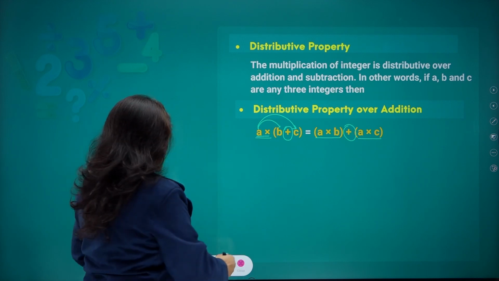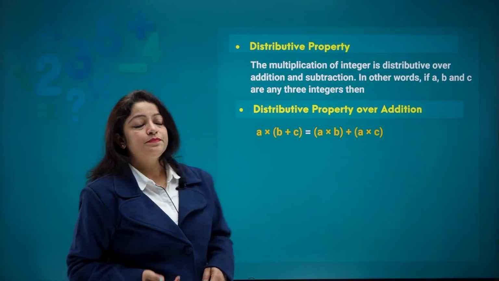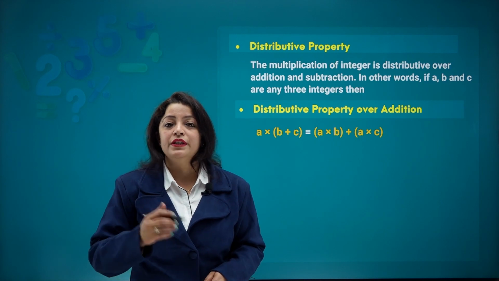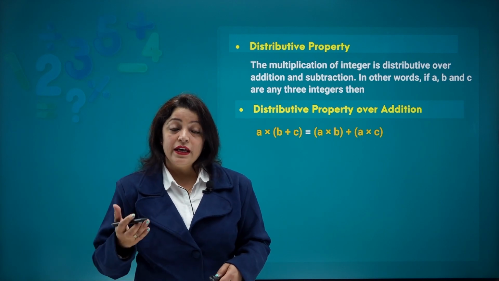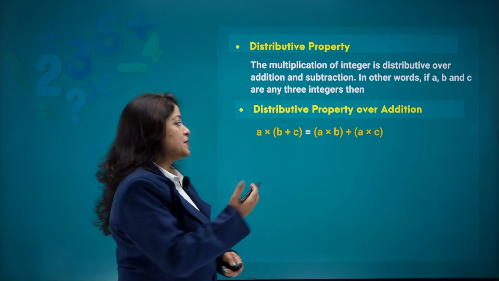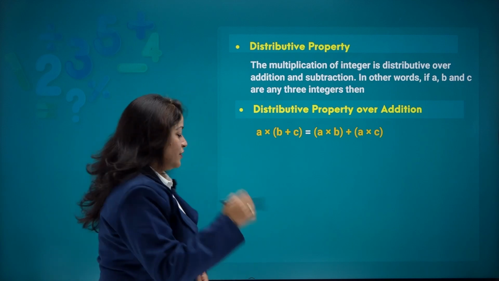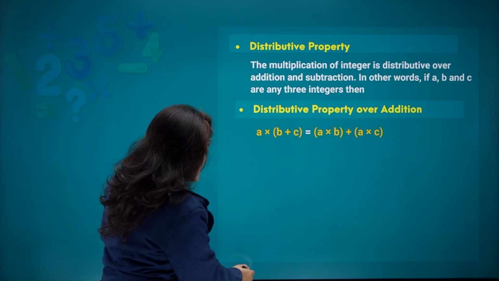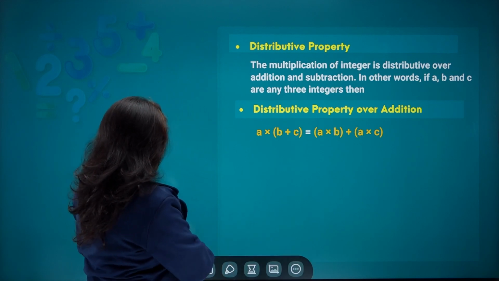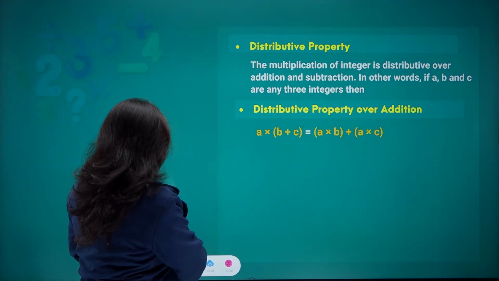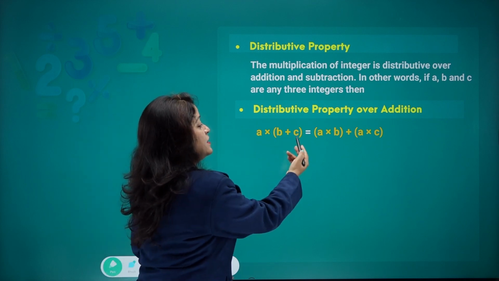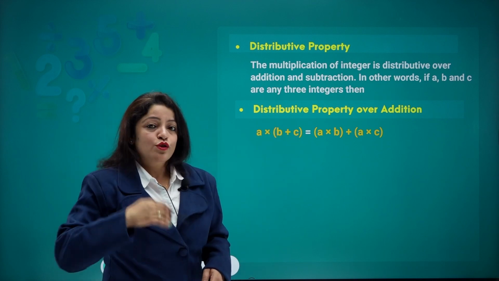I'll relate a story with this. Suppose it's A's birthday. A is a person, and in the class there is A's brother as well as a cousin. So you can relate it like this, that B stands for brother and C stands for the cousin. So what happens?